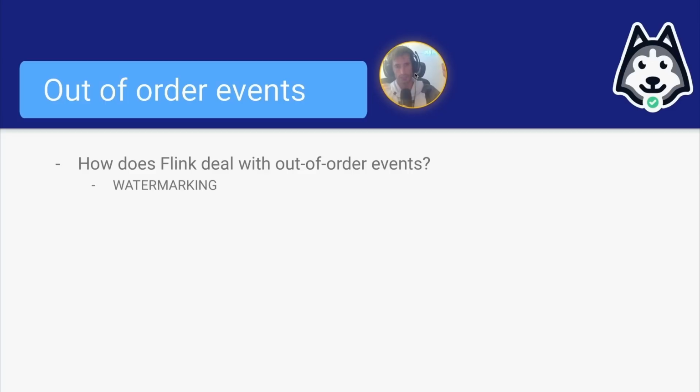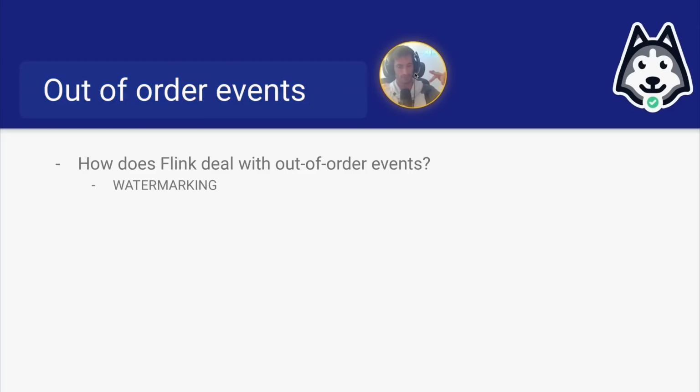How it works is when you have an event stream in Flink, you can specify this thing called a watermark. And a watermark says, okay, there's no events that are newer than the watermark. Essentially, once that watermark is hit, we can guarantee that all the events inside that watermark are going to be older than the events after the watermark.